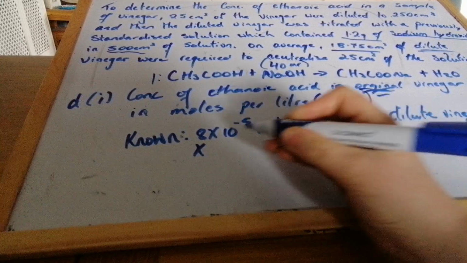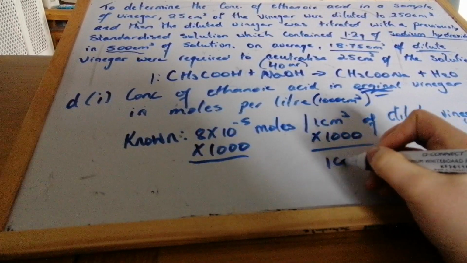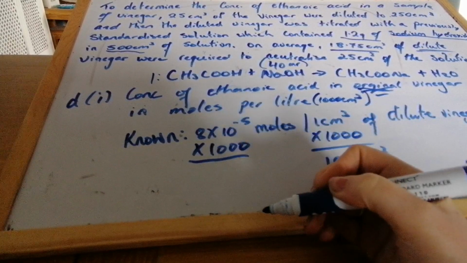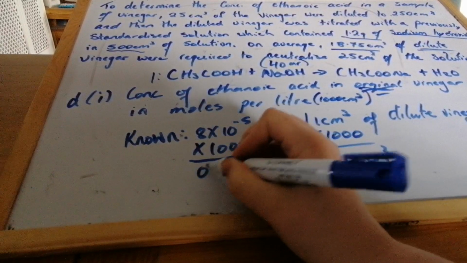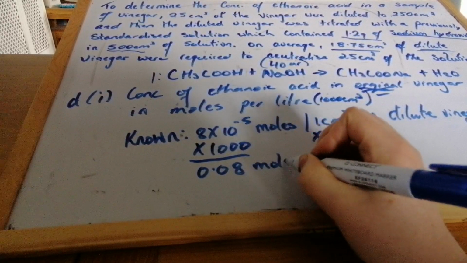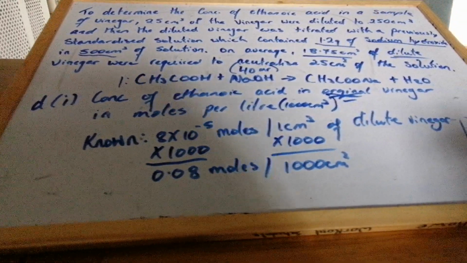What we do to this side, we must do to the other side. So that will be 0.08 moles per 1000 centimetres cubed. Fabulous.